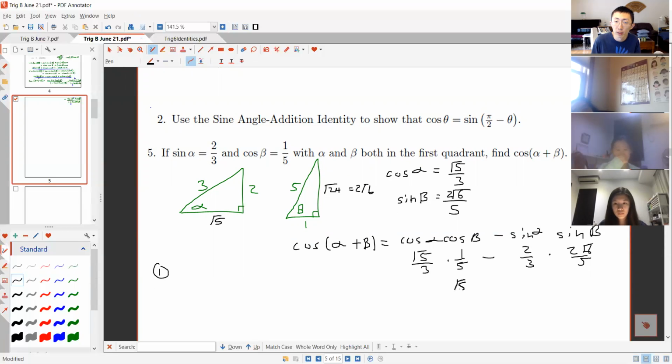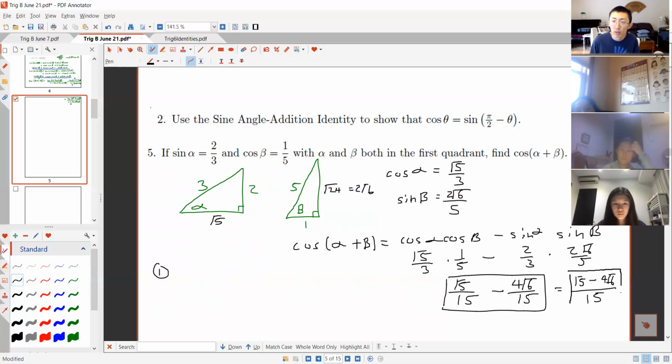So then we get 5/15 minus 4√6/15. Whenever you do the sine addition and cosine addition, you should get similar denominators, so you can combine it to a single denominator.